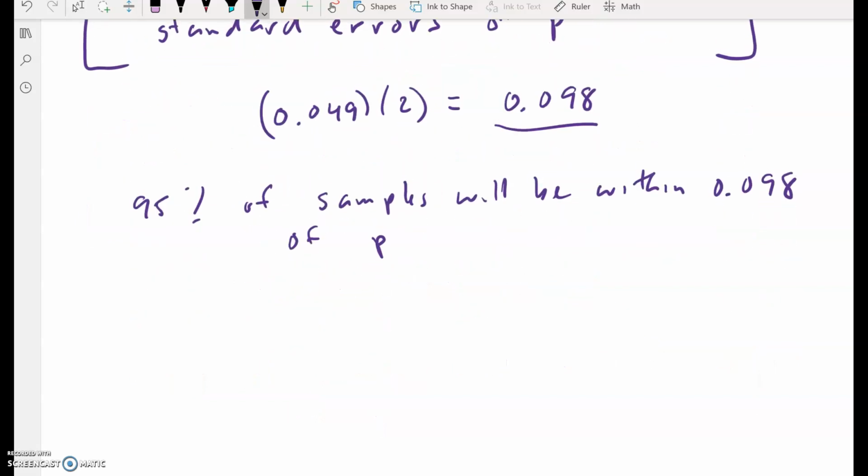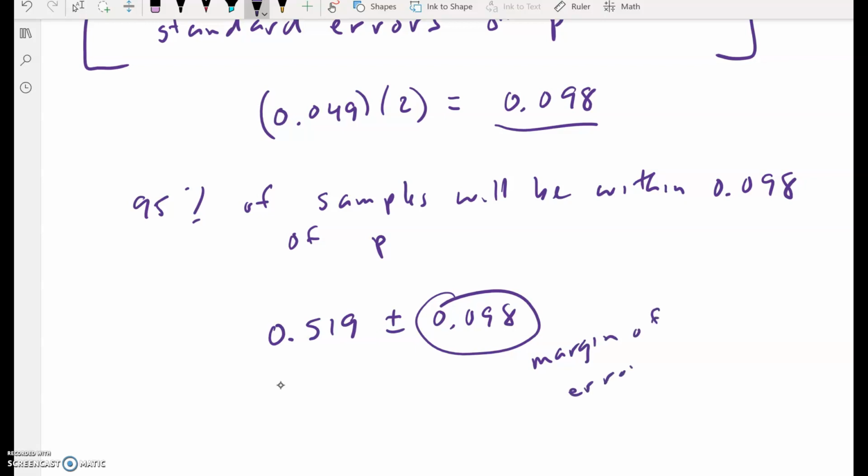Now we don't know what the real percentage is, but we do have a sample, which was 0.519. You take plus or minus 0.098, and you can say that that sample has a 95% chance of being within 0.098, or 9.8%, of the real percentage. And we have a name for this. This is called the margin of error.